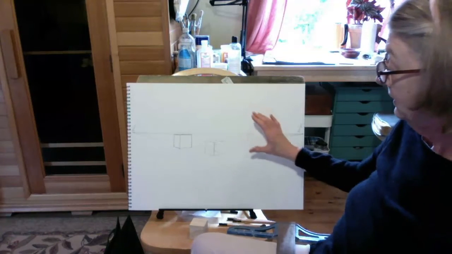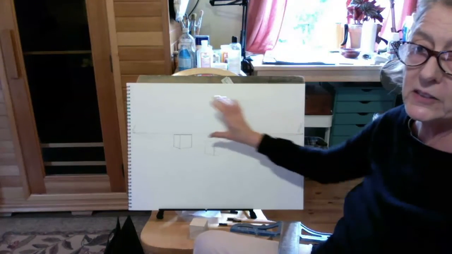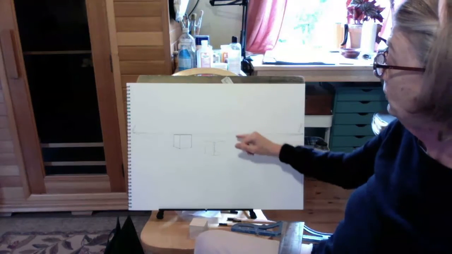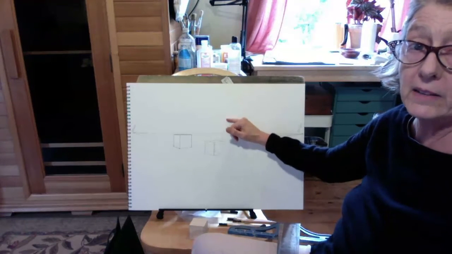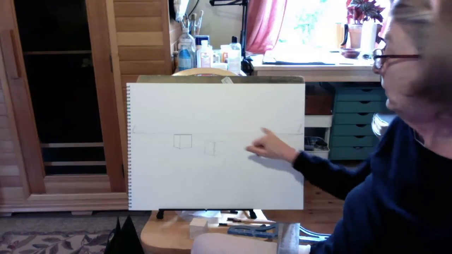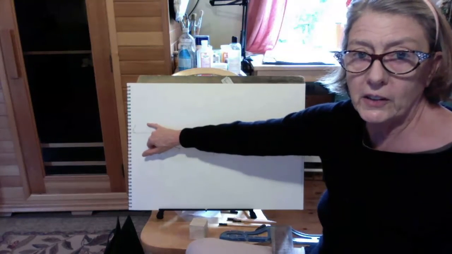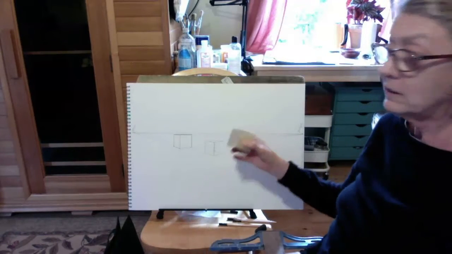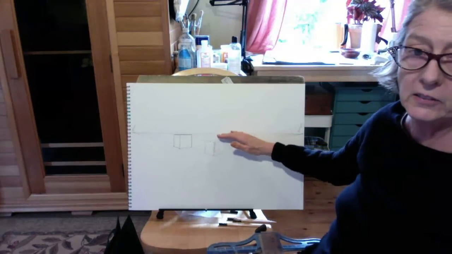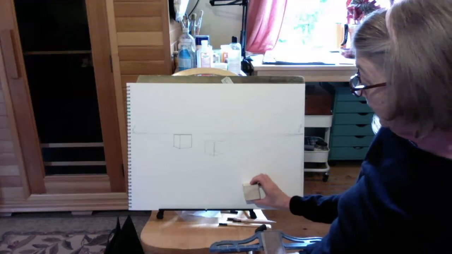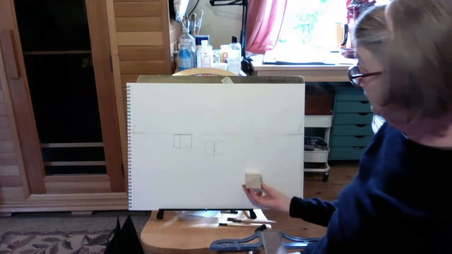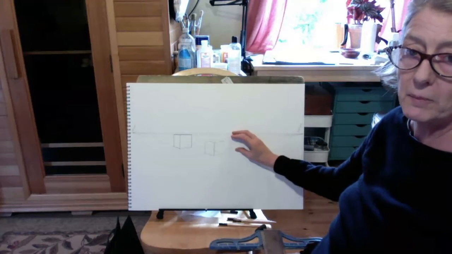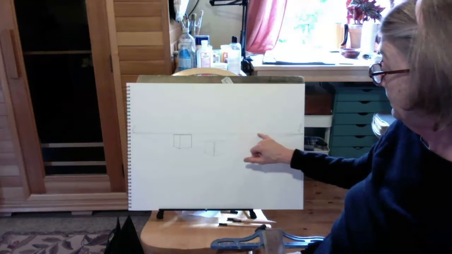So 2-point perspective adds in a whole new set of variables. Not only do you have the eye level line and how that affects how you see the cube, you also have vanishing points that affect how you see the cube. So just to reiterate, as the cube gets close to the eye level line, moving up, you're going to see less and less of the top of that until you get to the eye level line.